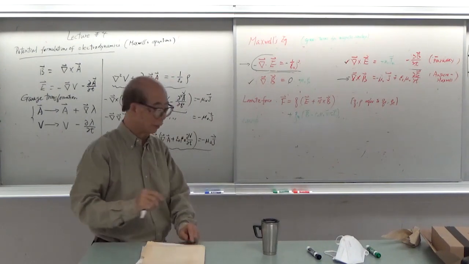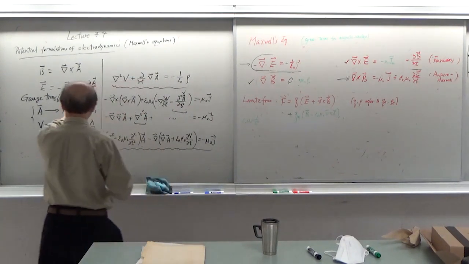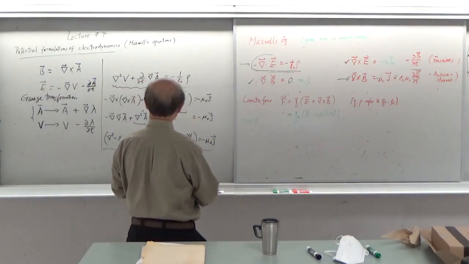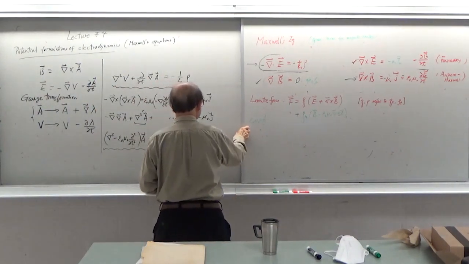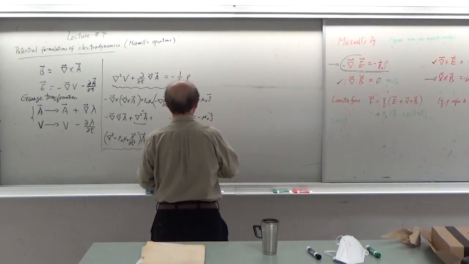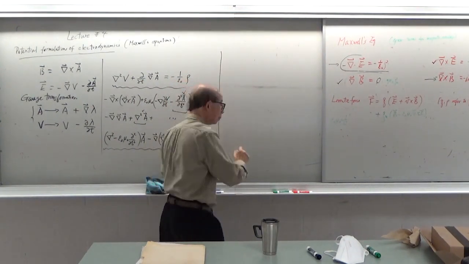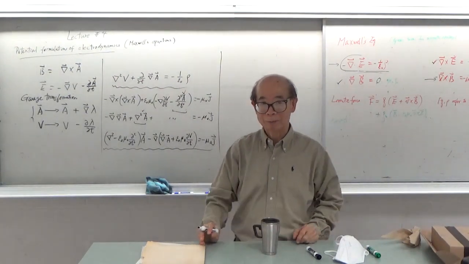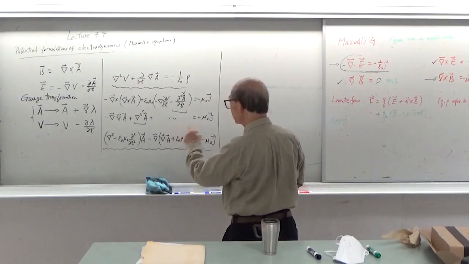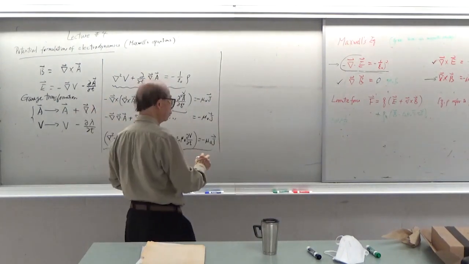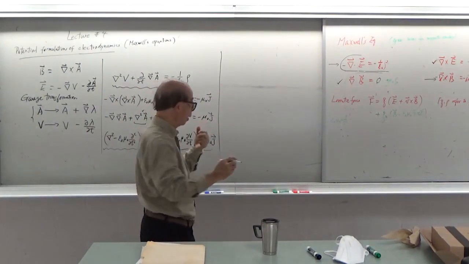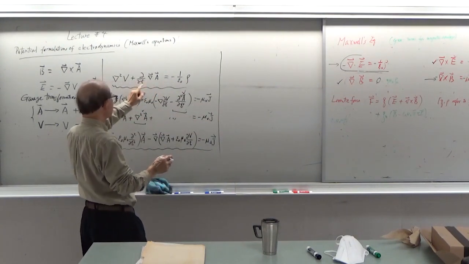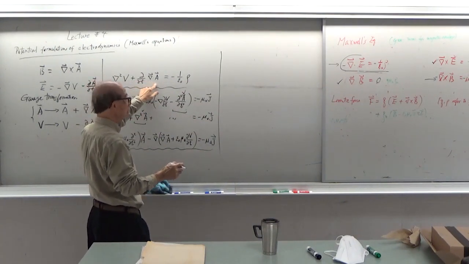And don't forget, we have the freedom to change A and V. What we're going to choose to do is to take certain classes of A and V to work with. The first gauge that comes to mind right away is the class of gauges such that the divergence of A is 0.